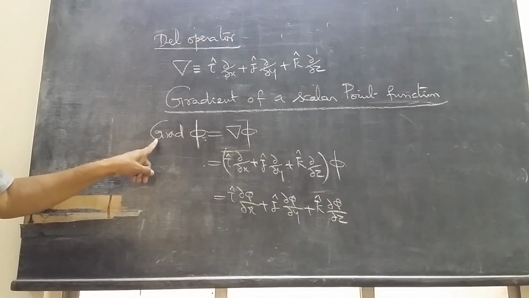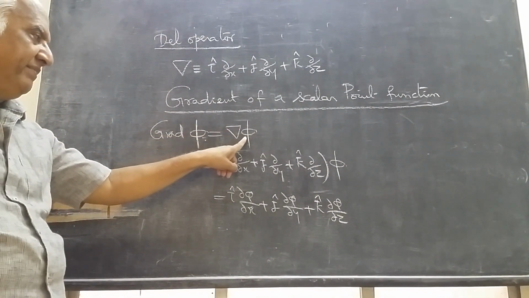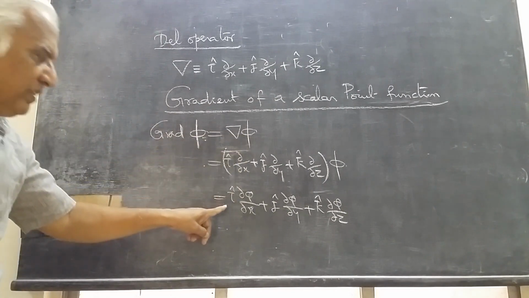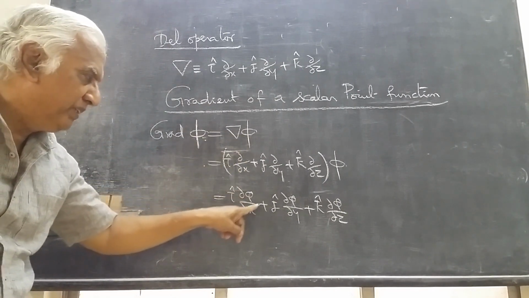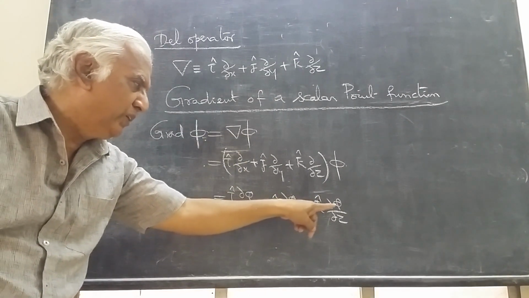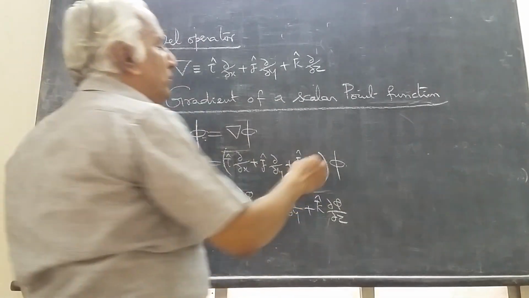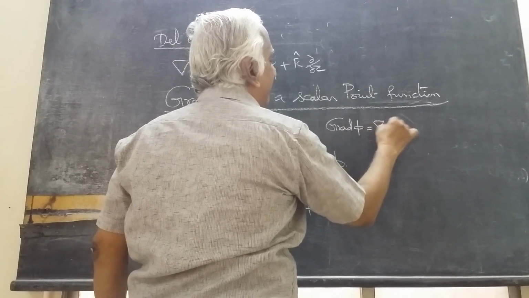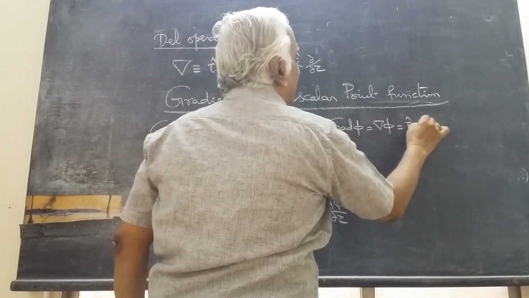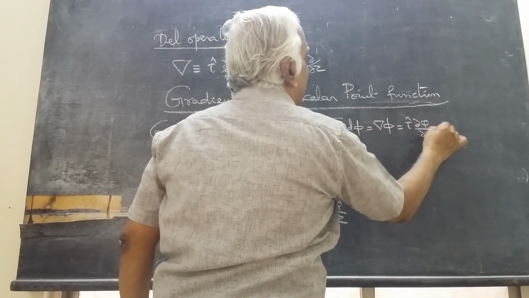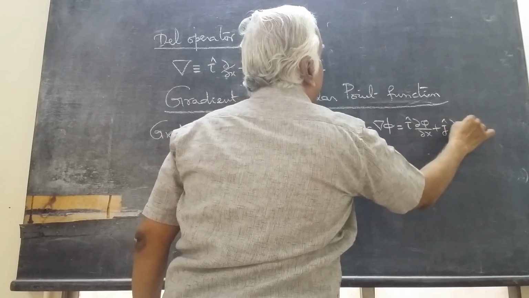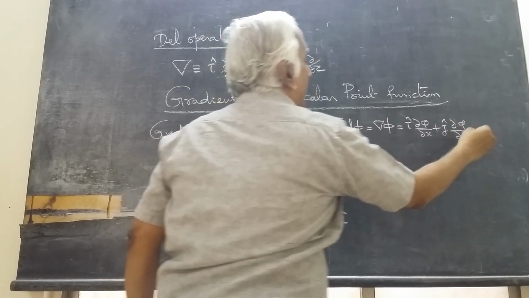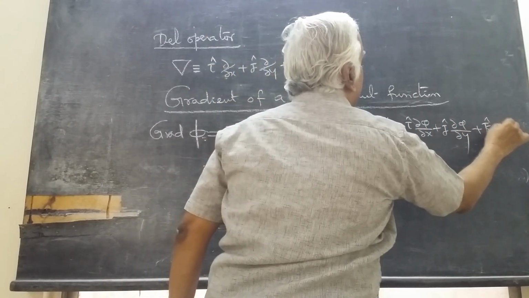So gradient phi is nothing but del phi, which comes to i ∂phi/∂x plus j ∂phi/∂y plus k ∂phi/∂z.